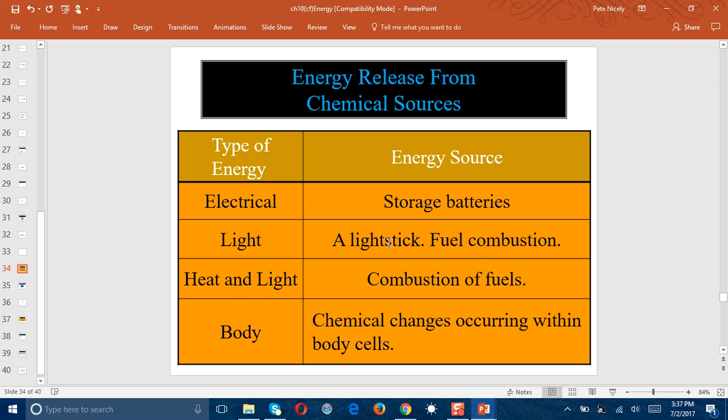A light stick is another example of a device which produces energy as a result of a chemical reaction. Whenever we have the burning of any fuel where heat and light is produced, that is also an example of a reaction that produces energy. And finally, there are chemical reactions that take place within the cells in our body which produce energy, and that's another example of chemical changes that produce energy.